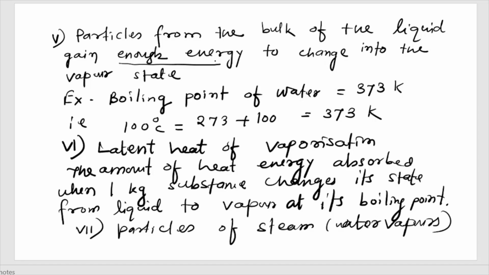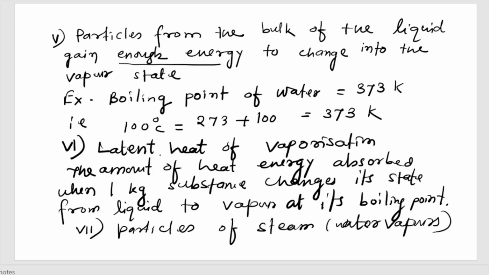What is the boiling point of water? 100 degree centigrade, which is 373 Kelvin. How do you change 100 degree centigrade to Kelvin? 0 degree centigrade means 273 Kelvin, so 100 degree centigrade means 273 plus 100, that gives 373.